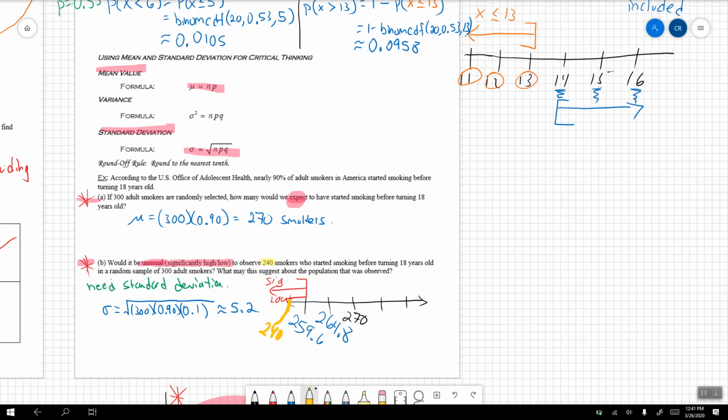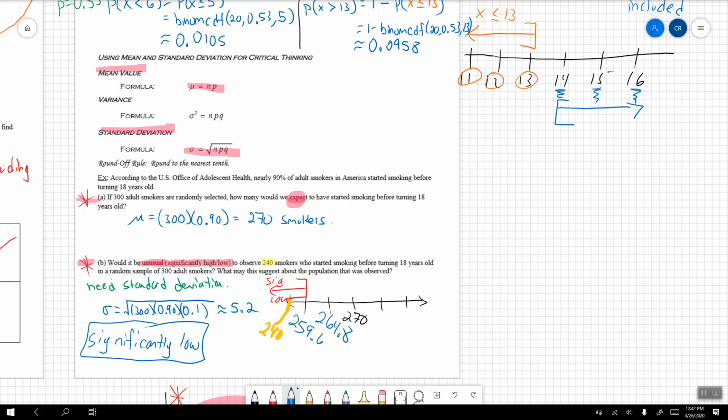So is it unusually high or unusually low? In other words, significantly high or significantly low? It is significantly low, according to our 2 standard deviation rule. Awesome. There it is. Nothing to it.